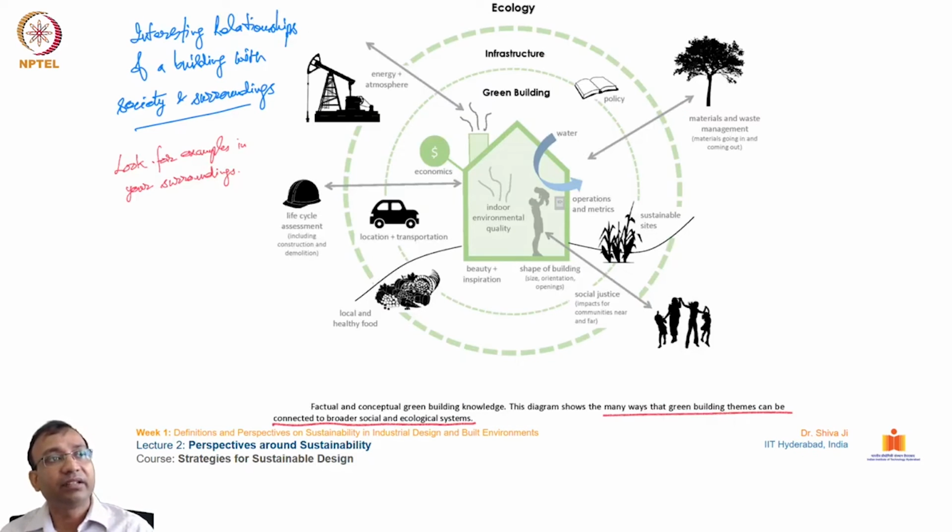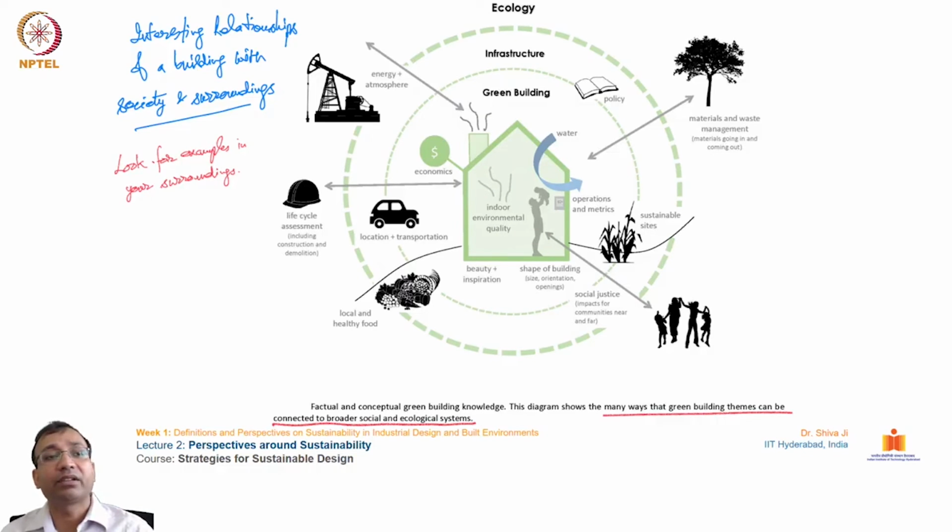So here, if you see, there is an interesting relationship of a building with society and the surroundings. For example, we get supplies and resources from the trees and other natural entities. Bushes and plants help in creating a habitable living environment.